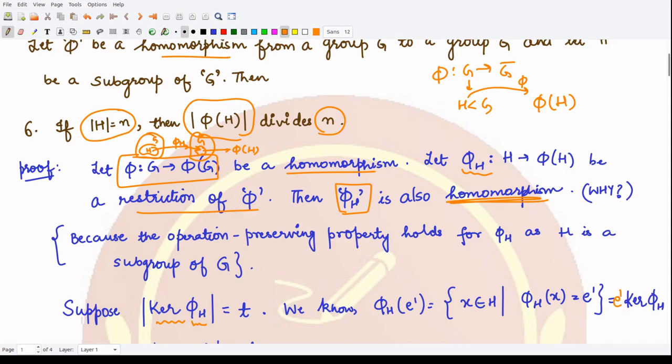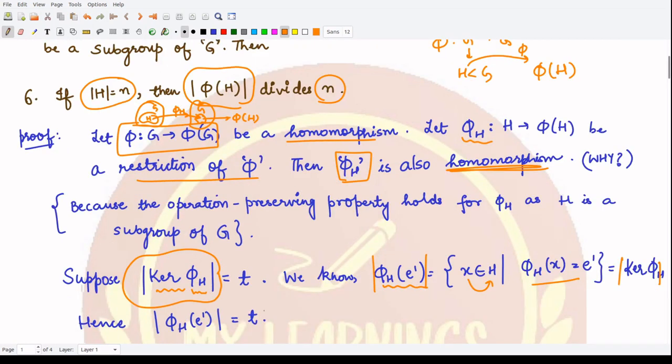So basically E dash with kernel phi is just kernel phi H. This mapping phi H of E dash consists of all those elements X belonging to capital H such that phi H of X is equal to E dash. This is the definition that you already know. Now we are assuming the kernel of phi H to be of order T. Hence, the order of this phi H of E dash is also T.